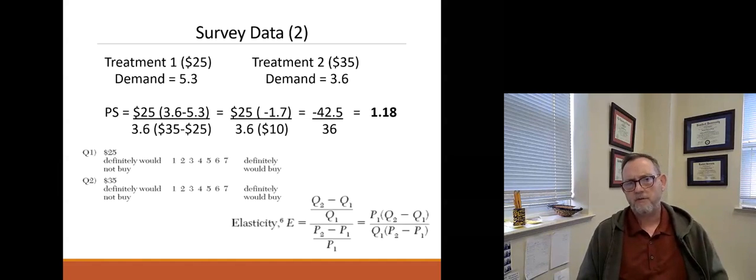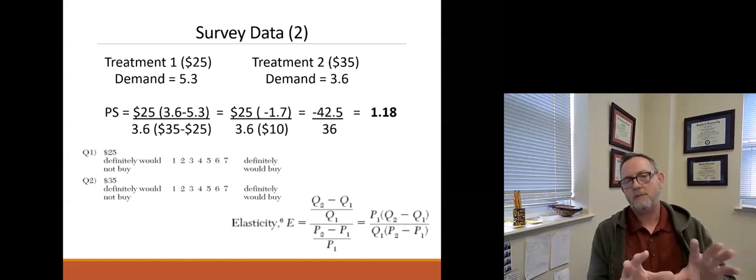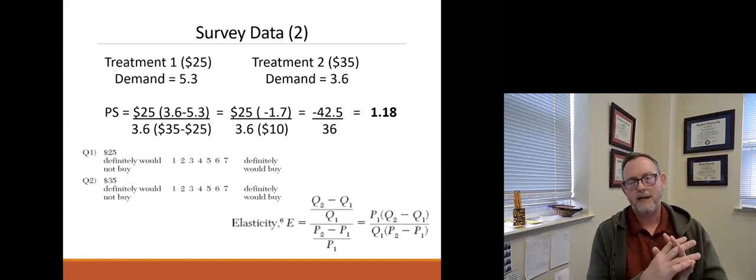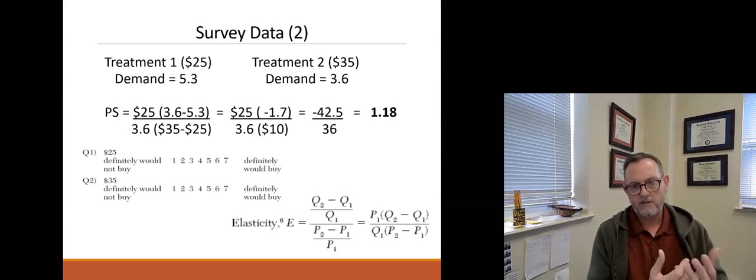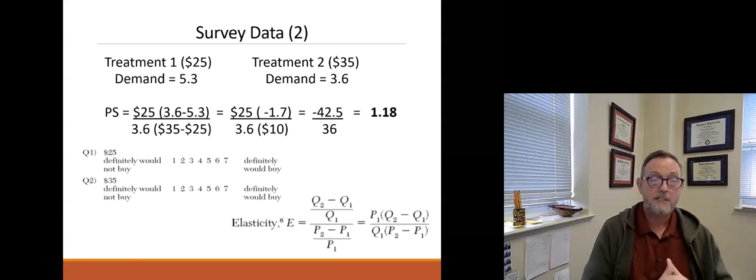In this particular example, the price sensitivity is 1.18, which is above 1, so it's elastic. Although it's close to 1, so it's probably more something called unitary elasticity. But the point here isn't so much the numbers or this example. The point is that we use price sensitivity in market research to measure elements of the consumer, and different consumer groups, and see how they compare to each other.